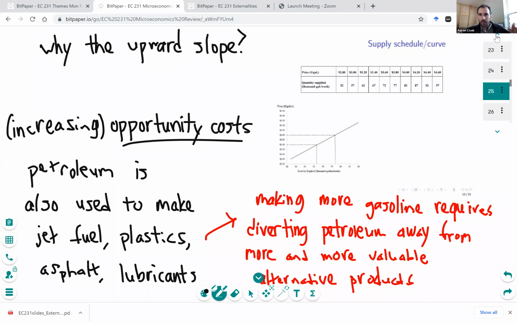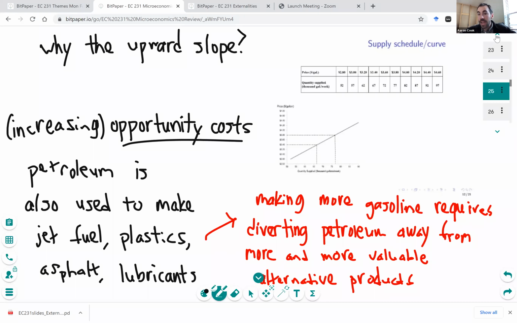So, kind of like in your homework one, problem one with the farmer having different quality of land, they're always going to start by farming the land that is most productive, that's most fertile, that has the least amount of work they have to do in order to produce on that land. And then only if they want to produce more than that will they start to move onto more marginal land.